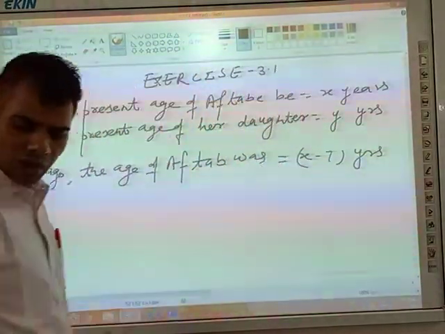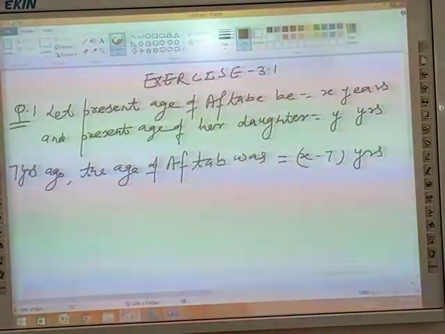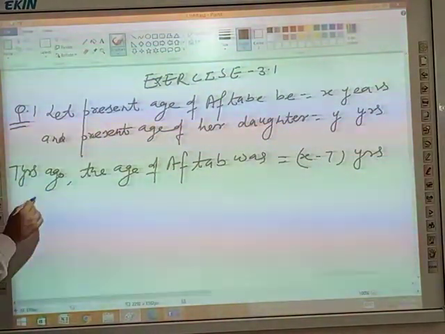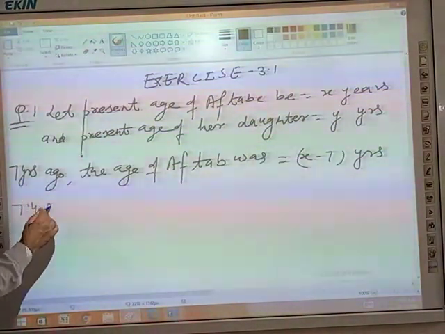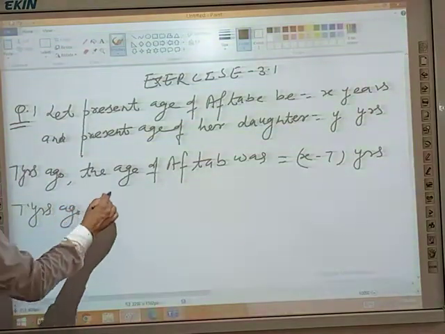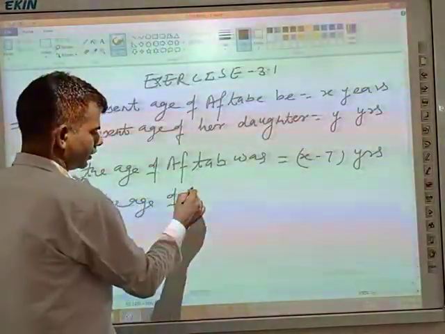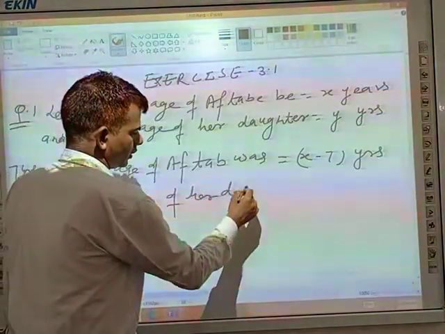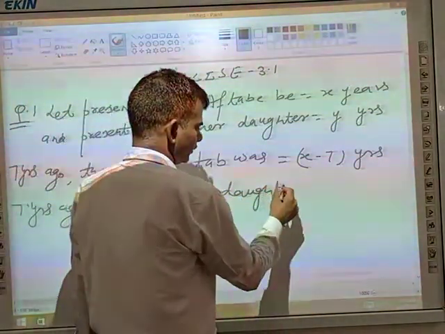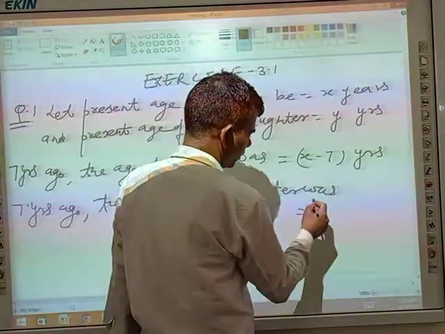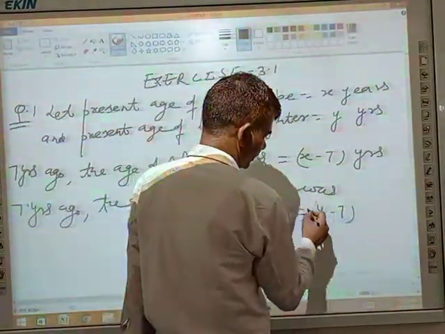Students, any doubt, any problems? No, sir. Also, 7 years ago the age of his daughter was y minus 7 years.